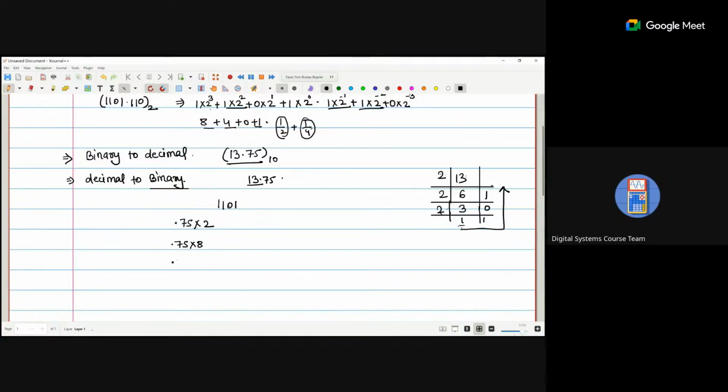If I want to convert into hexadecimal, multiply with 16. Now 0.75 multiplied by 2 is 1.5, so we keep 1 as it is, and 0.5 is again multiplied with 2. So 0.5 multiplied by 2 is 1.0, keep 1 as it is. Remainder is 0. If I multiply 0 with 2, we always get 0. So 1, 1. Here we are taking from top to bottom.